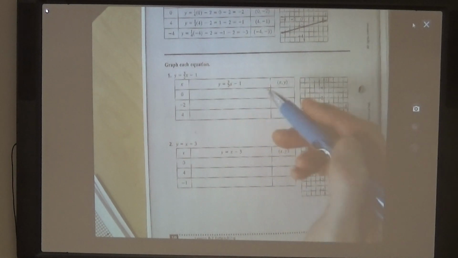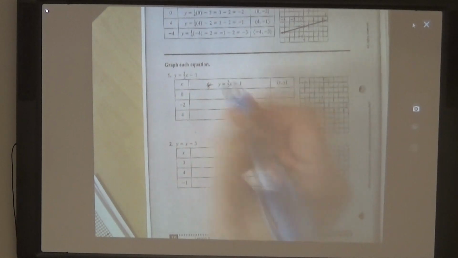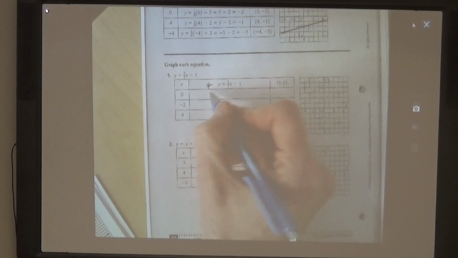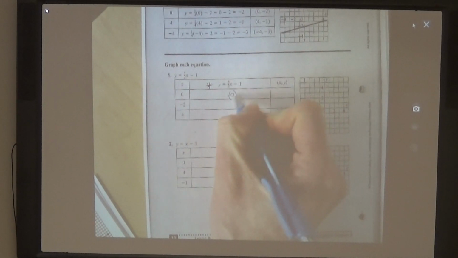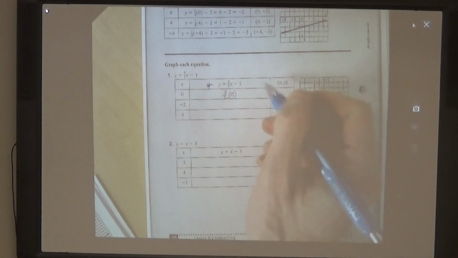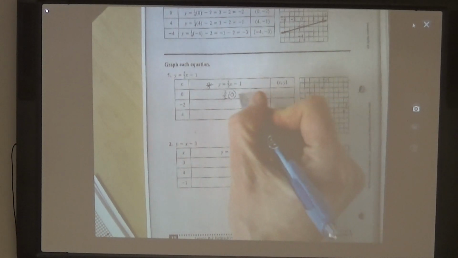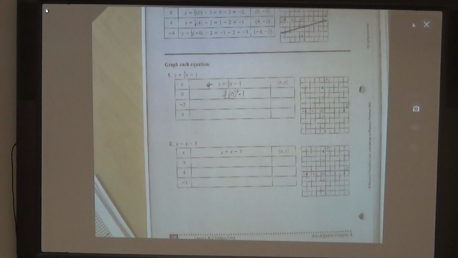Right. So the equation here is given. You'll write that down and put 0 in for x. So 3 over 2 times 0 minus 1, or plus negative 1. What's 3 over 2 times 0 plus negative 1? What does that equal?